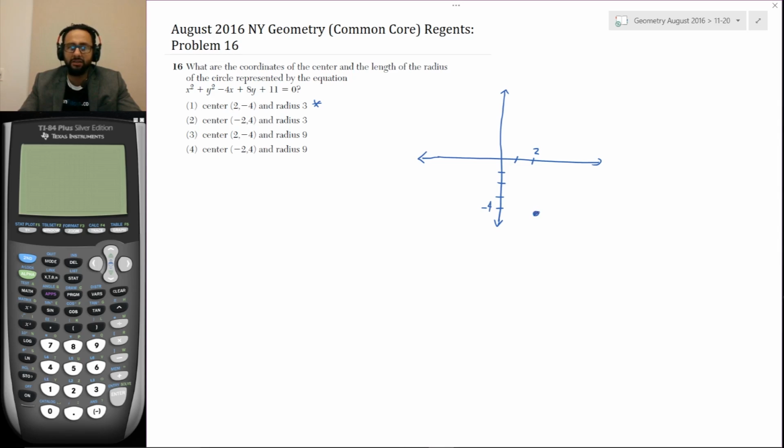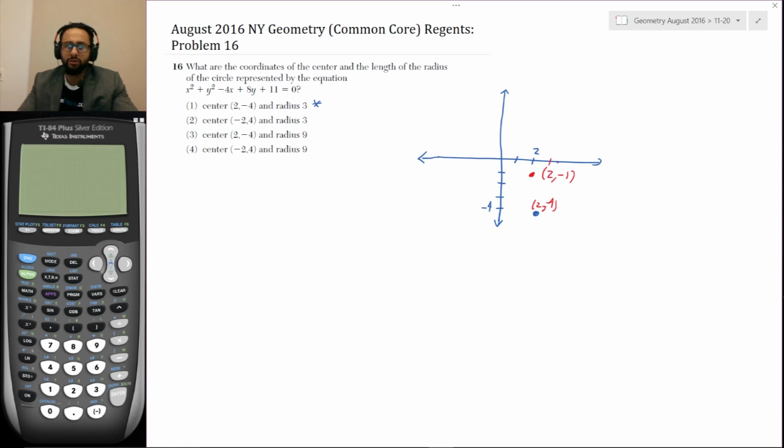So that's the center, and let's say it has a radius of 3. Then there are actually 4 points that you can generate on the circle. A radius of 3 means that all points 3 units away from this point are on the circle. So if I go 3 units up from 2, -4, that's 2, -1.